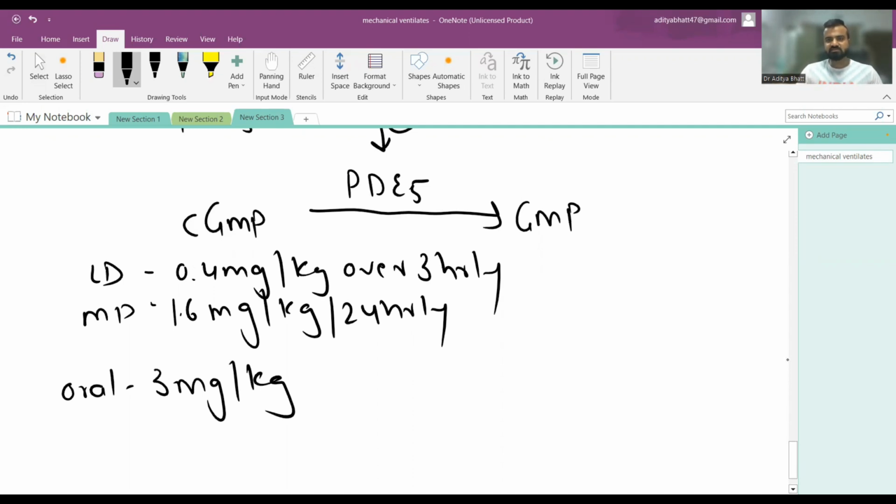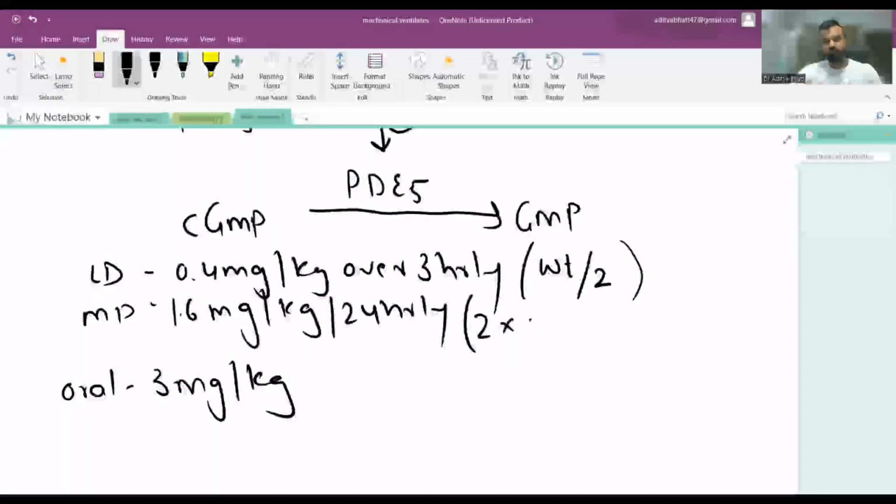Now this loading dose is very easy to calculate. Actually this is a cheat code, not valid for everything. Weight divided by 2 gives the loading dose, and 2 into weight gives the maintenance dose of 1.6 mg per kg.